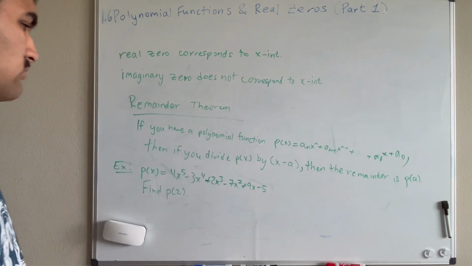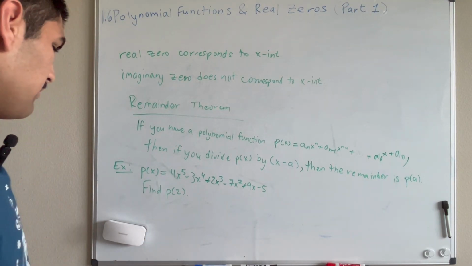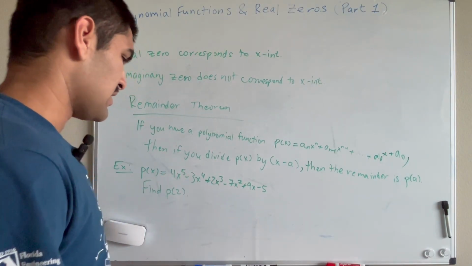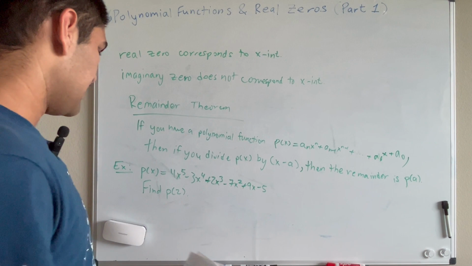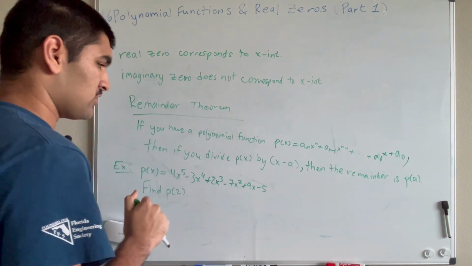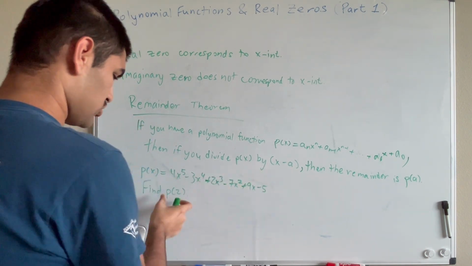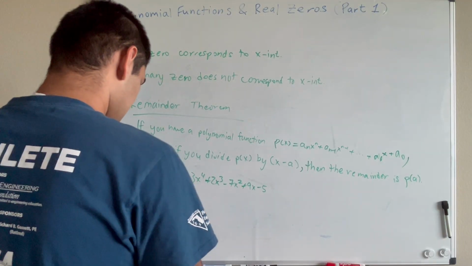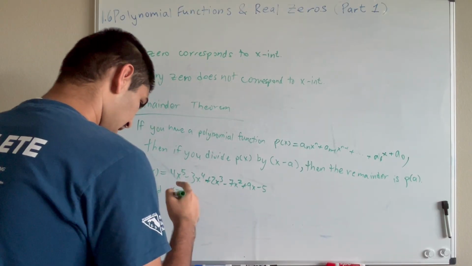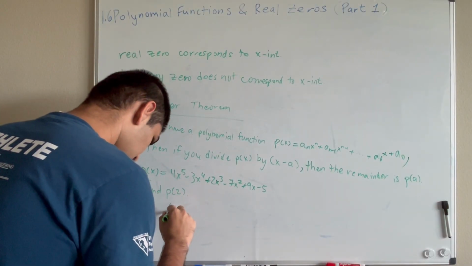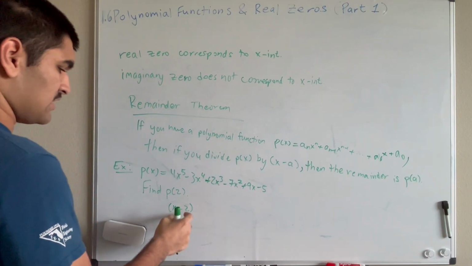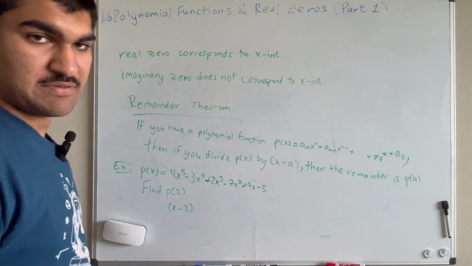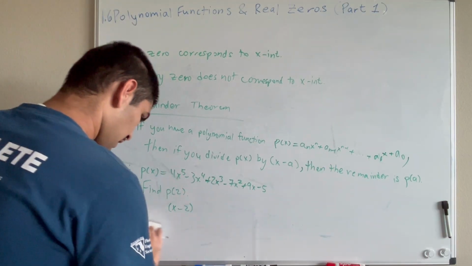For this problem, the remainder theorem can be helpful, because although you could just substitute in 2 for each of the x's and compute that, it's much easier to use the remainder theorem and instead divide by x minus 2 and then find the remainder. Because if we divide p of x by x minus 2, then a is equal to 2, and the remainder of that division is going to be exactly p of 2.